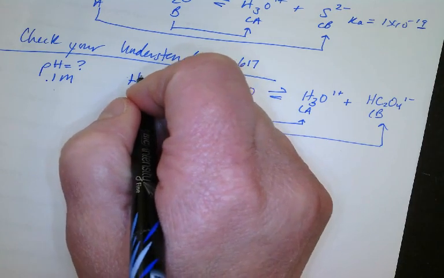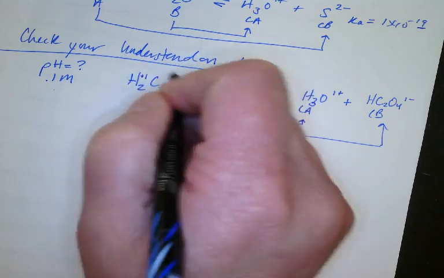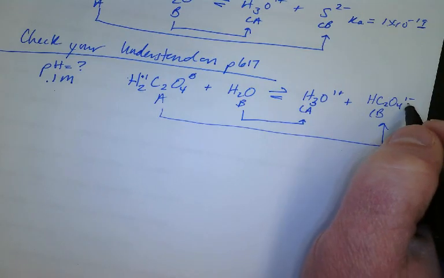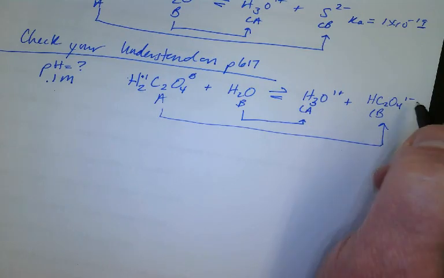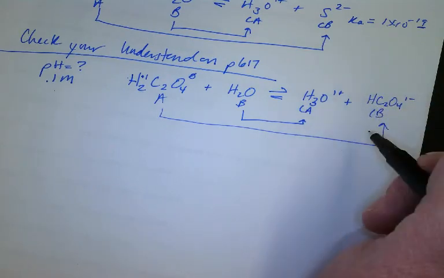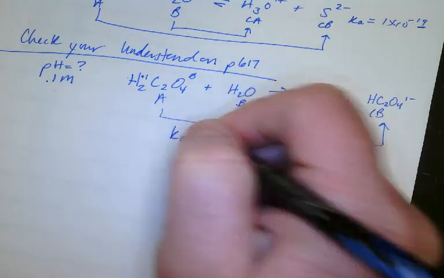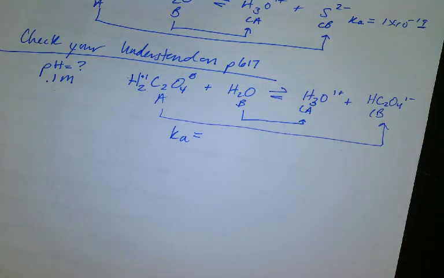If I take away a 1 plus from this neutral compound, it's not neutral anymore. So it picks up a charge. So now I have an ion. So what's my Ka for that? For oxalic acid, H2C2O4.